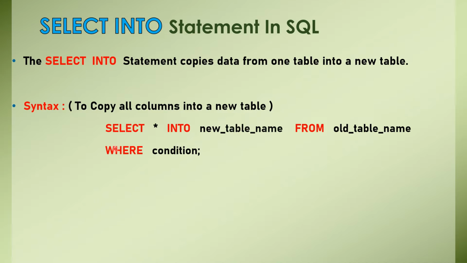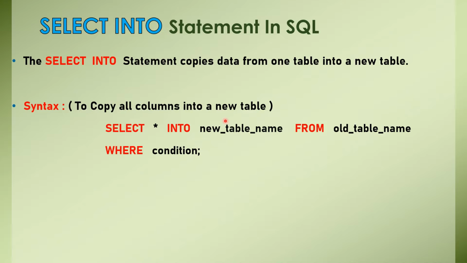So the answer to it is you don't need to create a new table. This statement will create this new table based on the schema of this old table. What do you mean by that? Means the total number of columns present in this old table, the same column names, the data types, each and every single thing will be created for this new table also.